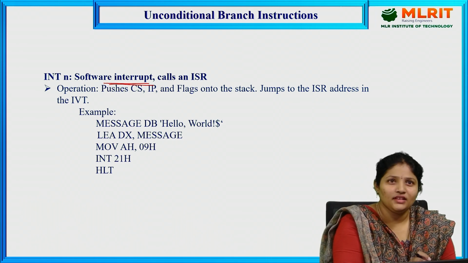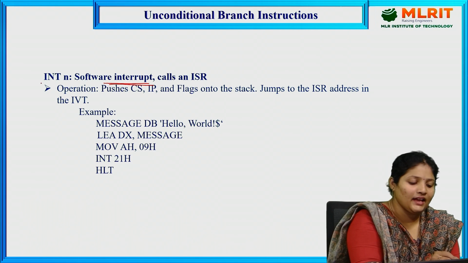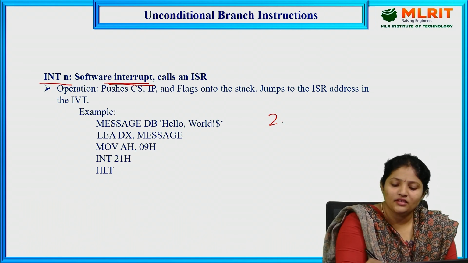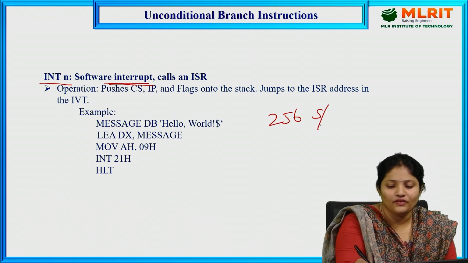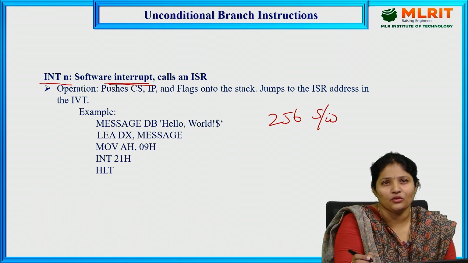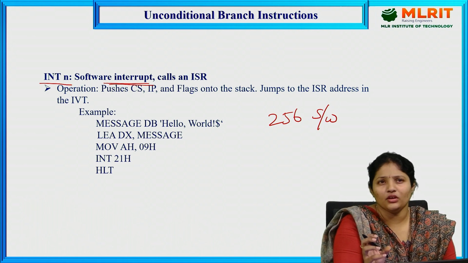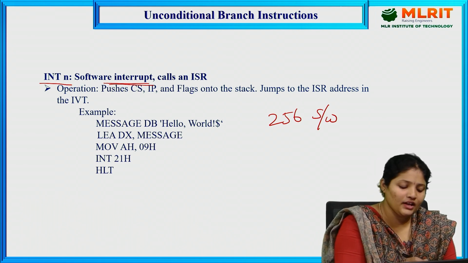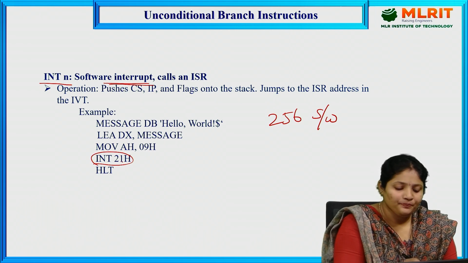So coming to these instructions, here INT n. I already mentioned that we have 256 software interrupts in the 8086 microprocessor. To enable one of the interrupts, we can use INT. Interrupt 21H is the interrupt number.